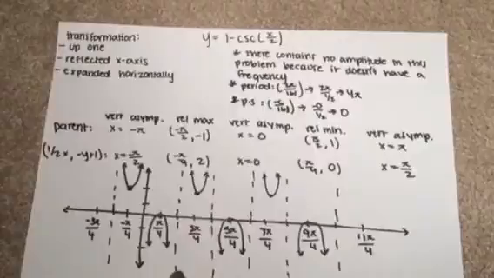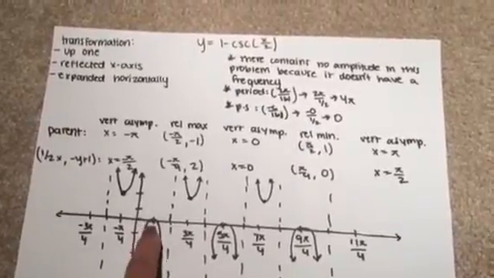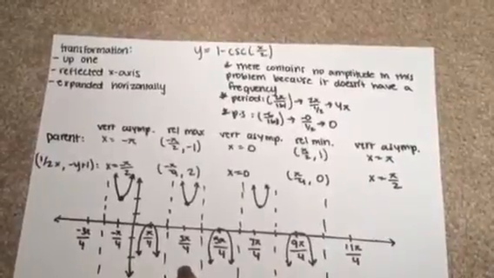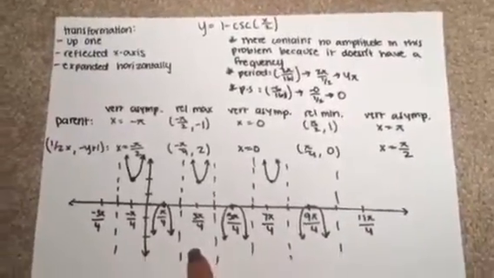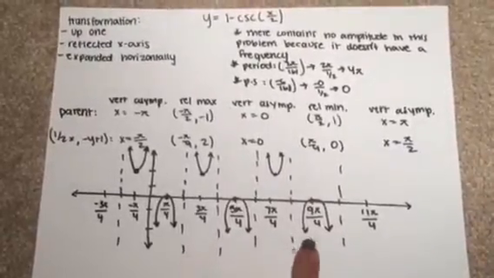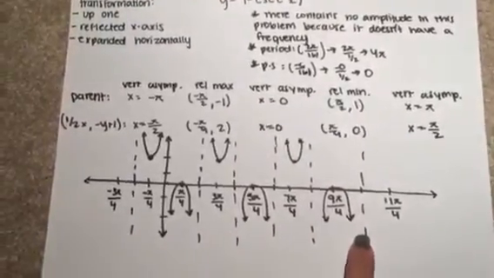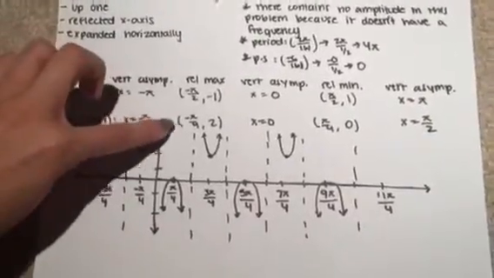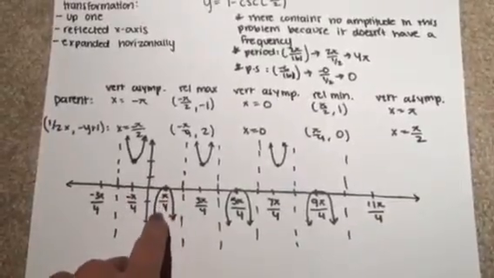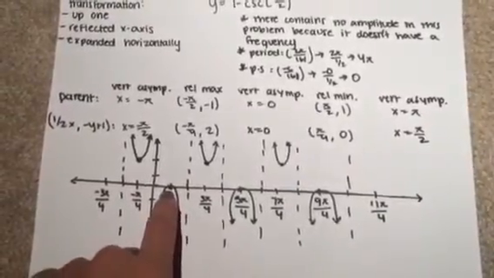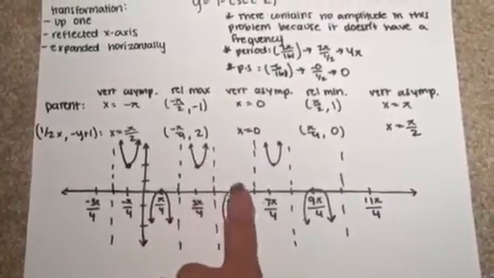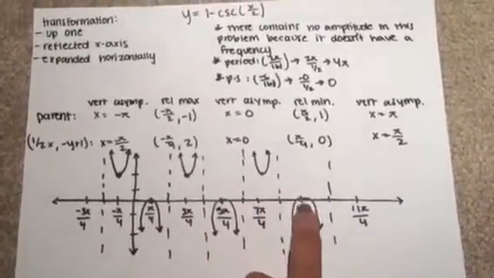We can then see that there is a pattern of having a space in between each vertical asymptote, so there would be pi in between. So we were then able to graph all of our next vertical asymptotes. We then went in and plotted our points of negative pi over 4, 2, pi over 4, 0, and since it's a pattern, we were then able to plot them at the given spots.